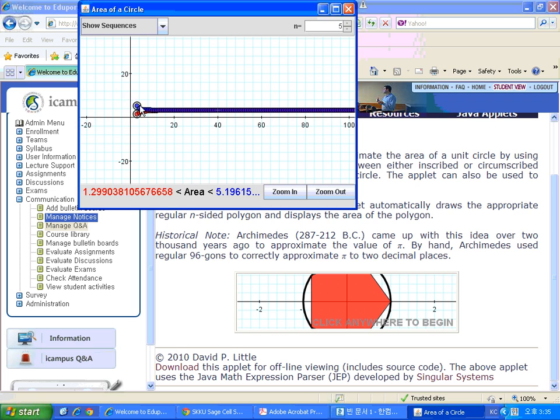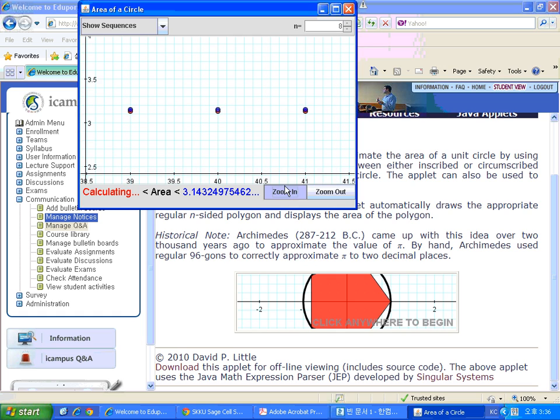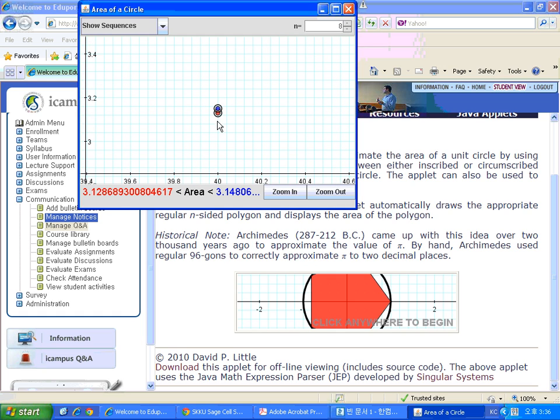So from here, it keeps getting closer and closer, so this converges to the real area of a circle that can be found by the circumscribed polygons, with those inside and outside.